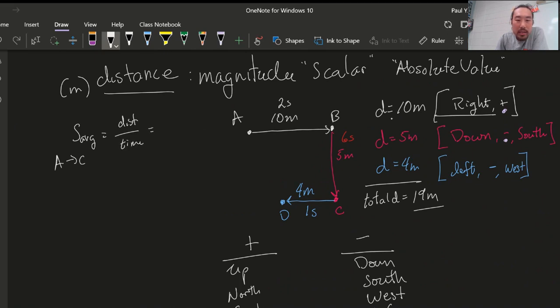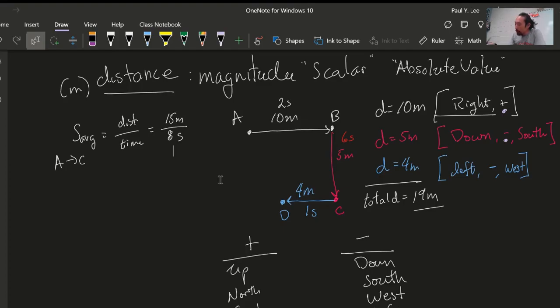Going from A to C, the total distance would be 15 meters, and the time would be 8 seconds. We can't leave that in fraction form, so we'll reduce that to decimal form, and that's roughly 1.88 meters per second. I always like to round to 2 decimal places. So that's our average speed.